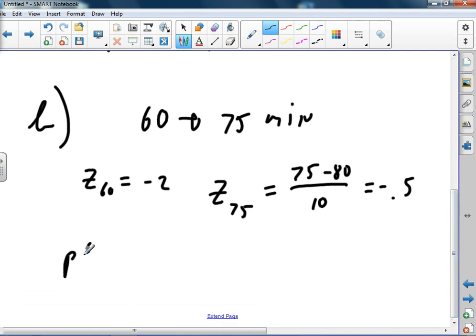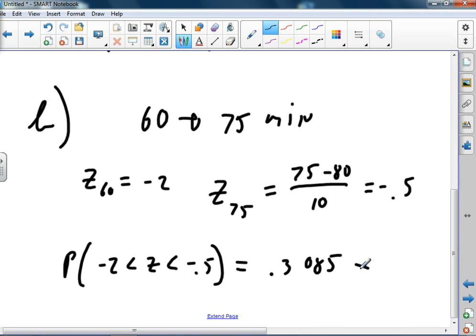Okay, so the probability that minus 2 is less than Z is less than minus 0.5 is going to be whatever the minus 0.5 guy is, 0.3085, minus the minus 2 guy, 0.0228. 0.2857.